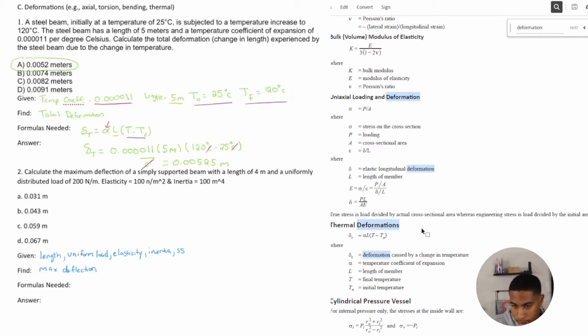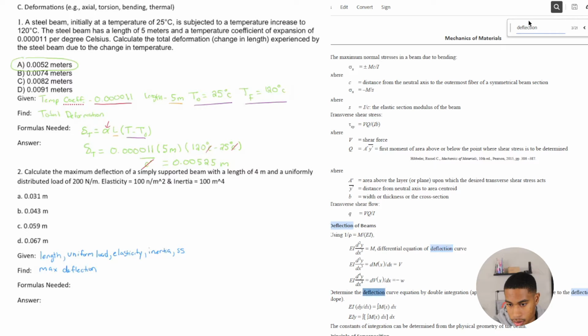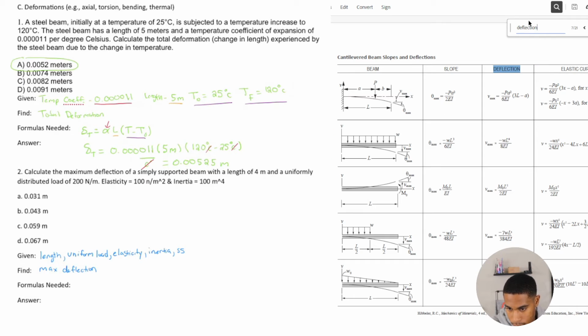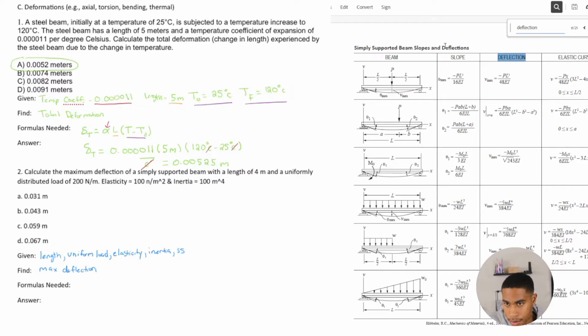How do I find that? Well, I'm just going to look up deflection. There should be a chart that I can go to for simply supported beams that gives me my deflection. This is cantilevered beams, so I don't need that. Simply supported beams, deflection.